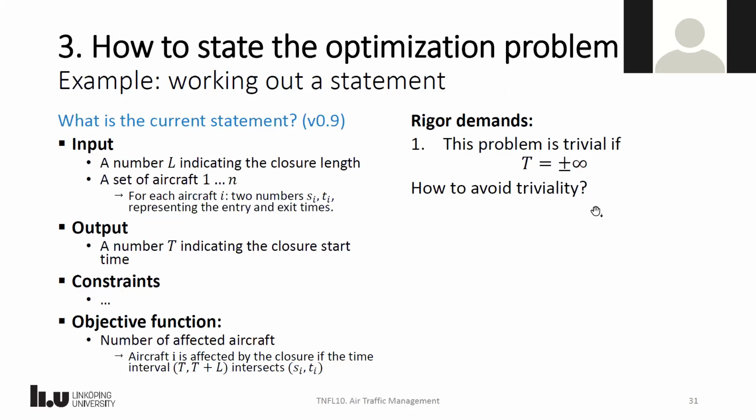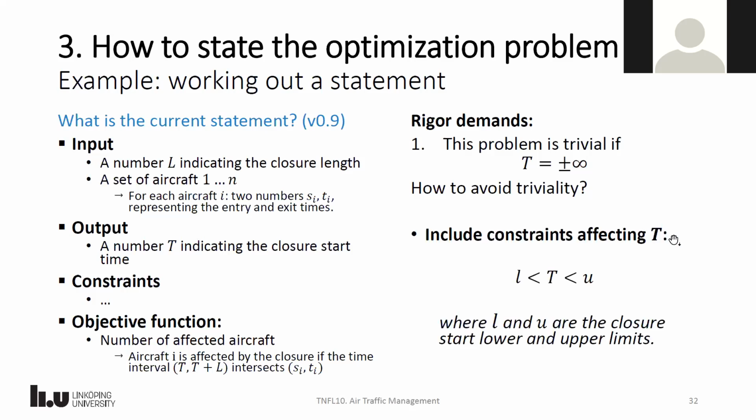So in order to avoid triviality, we have to do something extra. So in this case, what we're going to do is to add constraints that affect t. So we are going to say that the time of the closure must be over a lower limit and under an upper limit, because otherwise we will just close the airspace 100 years ago, and that's not something that makes sense in this problem.